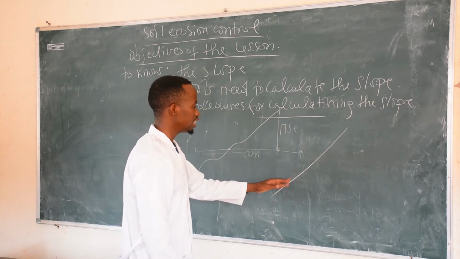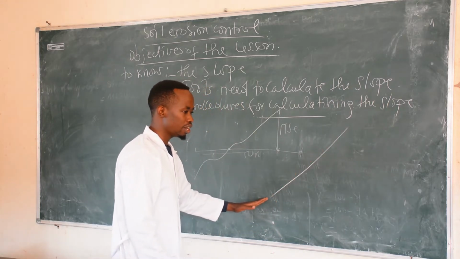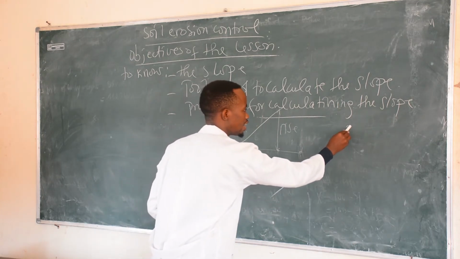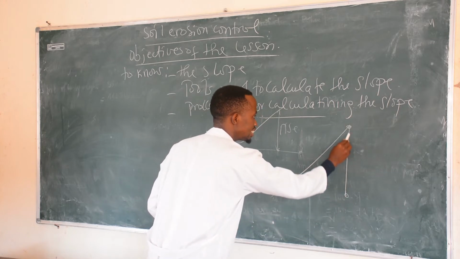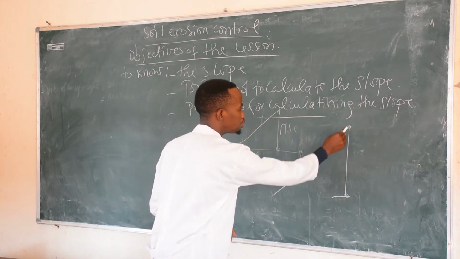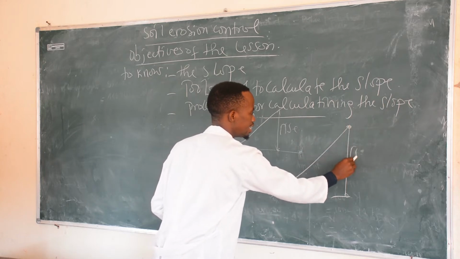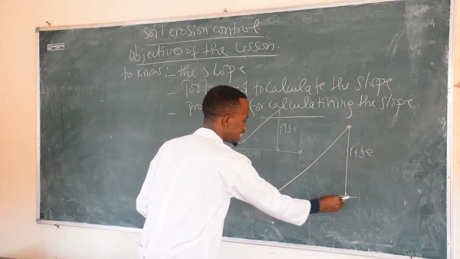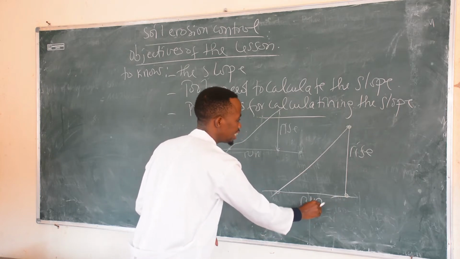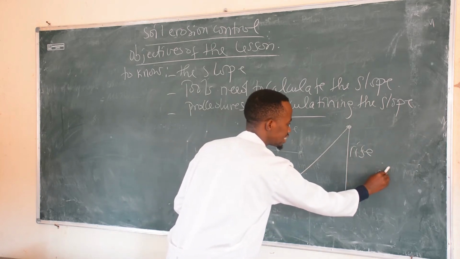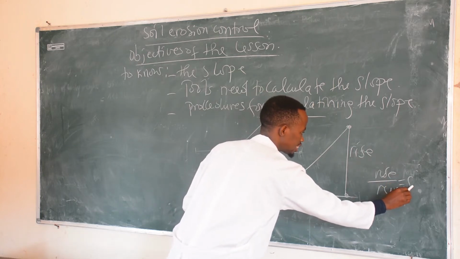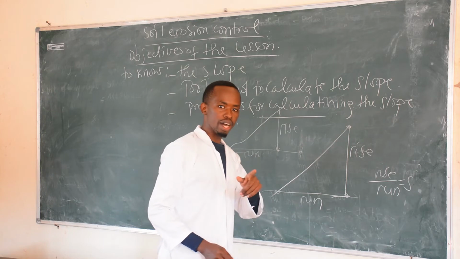To know the slope or the gradient of this field, you will measure the lies, the height from the bottom up to the top, and this is the land. We measure the lies and the land, and when we take the lies over the land, we will get the slope.